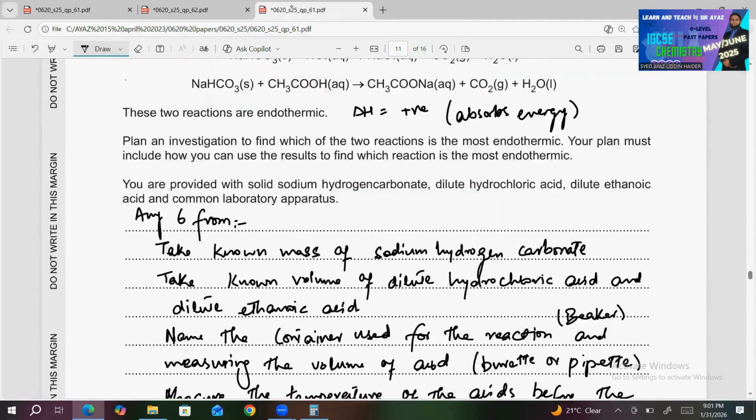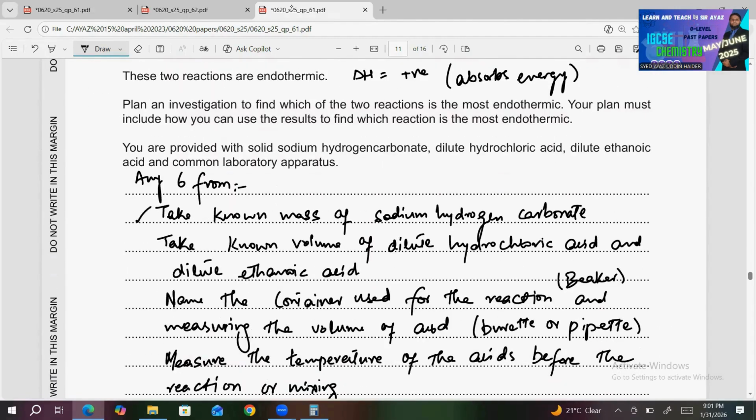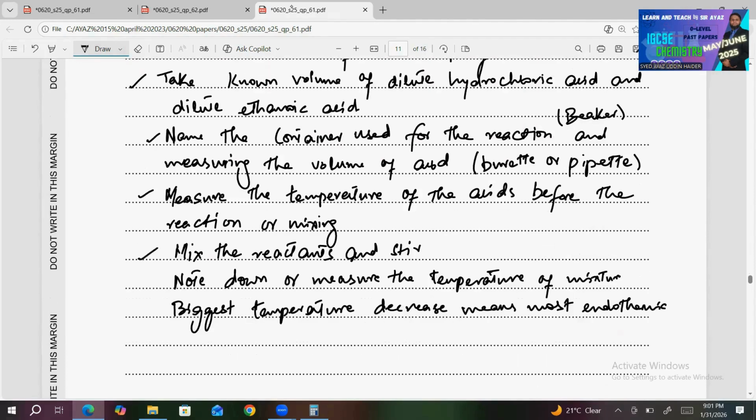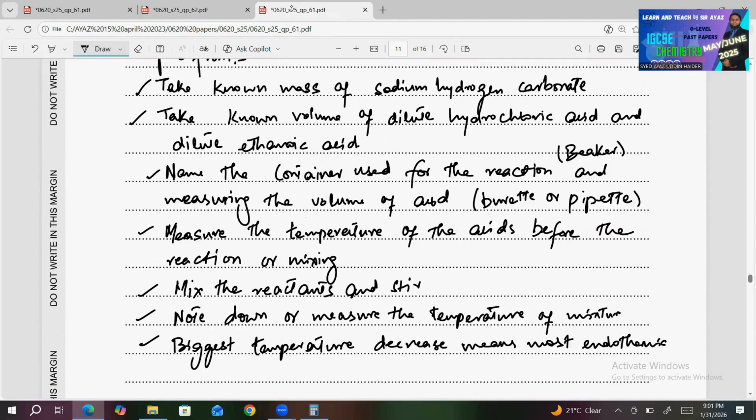Let's see the points. We have point 1, 2, 3, 4. Sorry, this is not 4th point. This one is a 4th point. 5, 6, 7. Write down any 6 of these in order to gain full 6 marks.